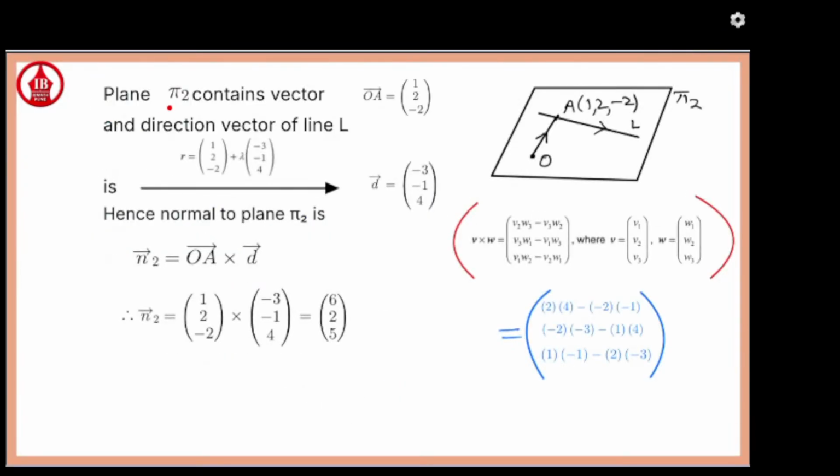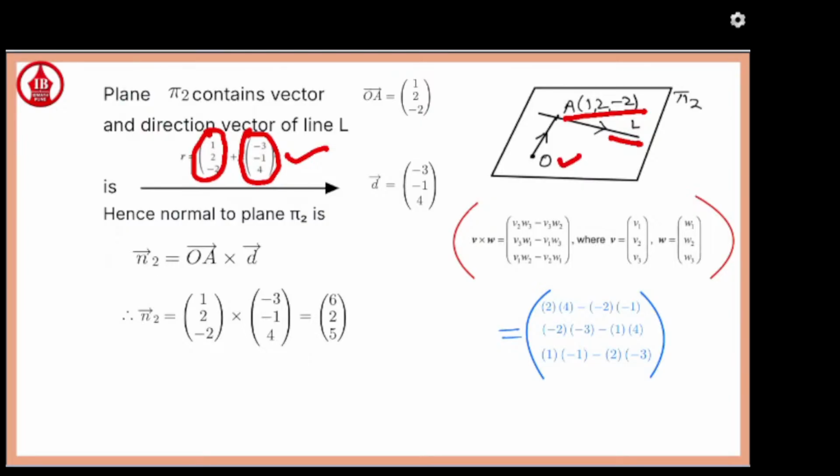Now plane pi 2 contains vector OA. It is given already in the question that point O is in the plane, line L is in the plane, and on the line L we have a fixed point (1, 2, -2). See, this is the equation of the line. On this line (1, 2, -2) is a fixed point, and (-3, -1, 4) is the direction vector of the line.